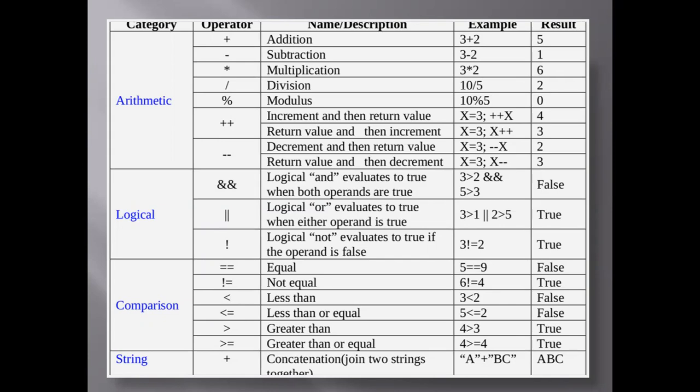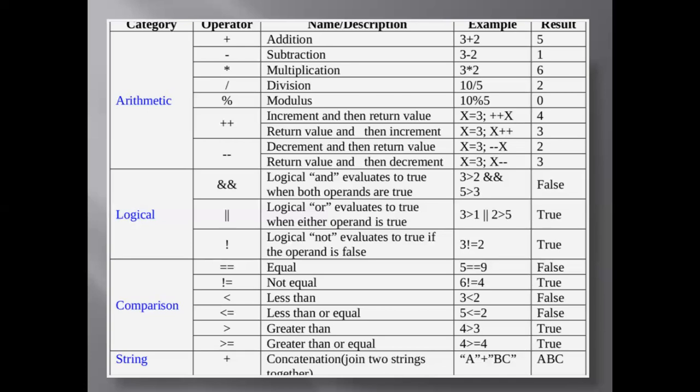And we have the minus minus symbol, which is used to decrement the value by one. We will discuss the difference between putting the plus plus at the beginning or at the end with a live example, because there is a difference.